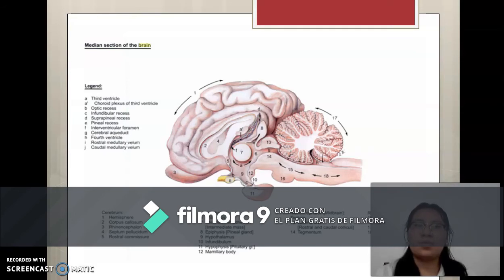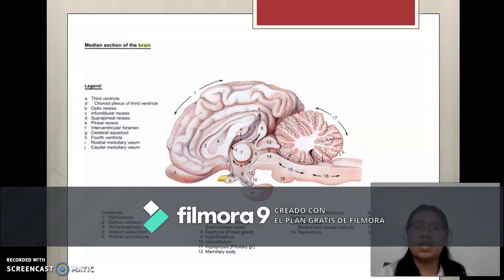Then we have the rostral commissure, which is a white matter tract connecting the two temporal lobes of the cerebral hemispheres across the midline. Researchers have implicated it in functions ranging from color perception to attention. We also have the thalamus, which is a small structure within the brain that collects information from the five senses and sends it to the rest of the brain.